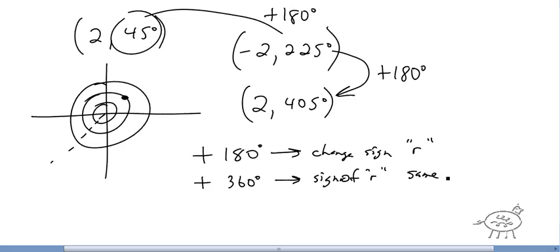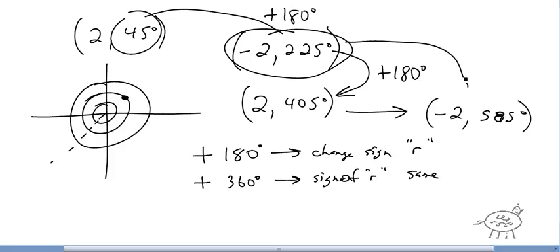So you can keep adding. I can add another 180 to this, and that would give me negative 2 comma 585 degrees. Actually, these two values, this guy and this guy, have a difference of 360 because they're coterminal. So that's how you deal with positive and negative values.